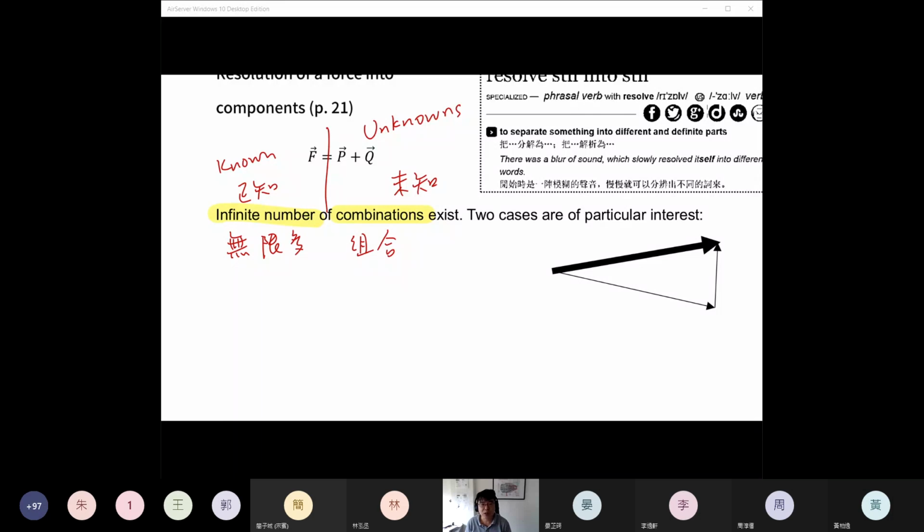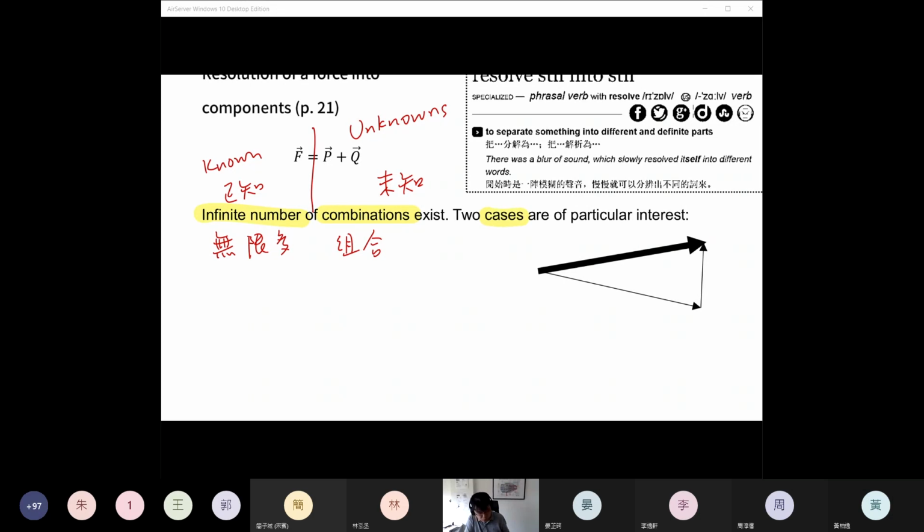So why do we study this, or how can we study this? What should we do? We are only looking at 2 cases.